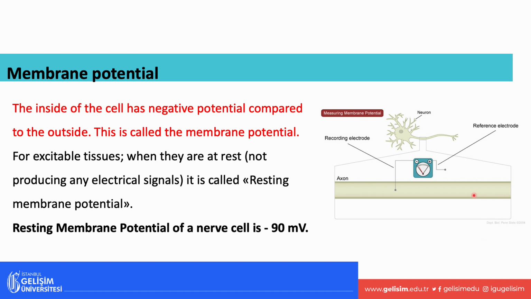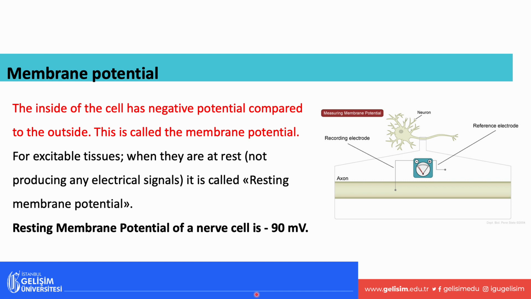And that's typically about, depending on the type of cell, maybe minus 90 millivolts or minus 70 millivolts, relative to the outside of the cell. Why is this important? Well, membrane potential plays a critical role in many cellular processes, including nerve signaling, muscle contraction, and secretions.